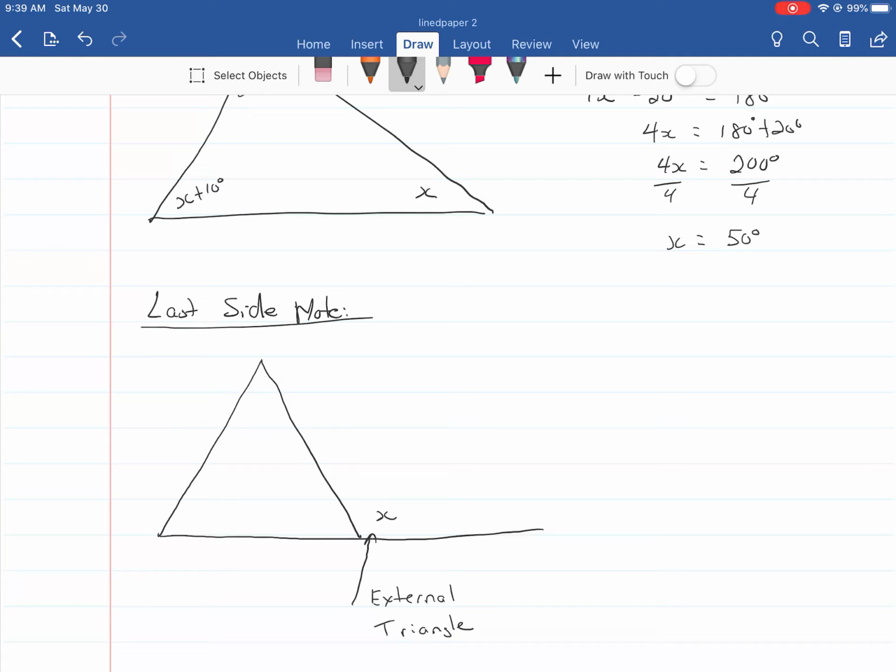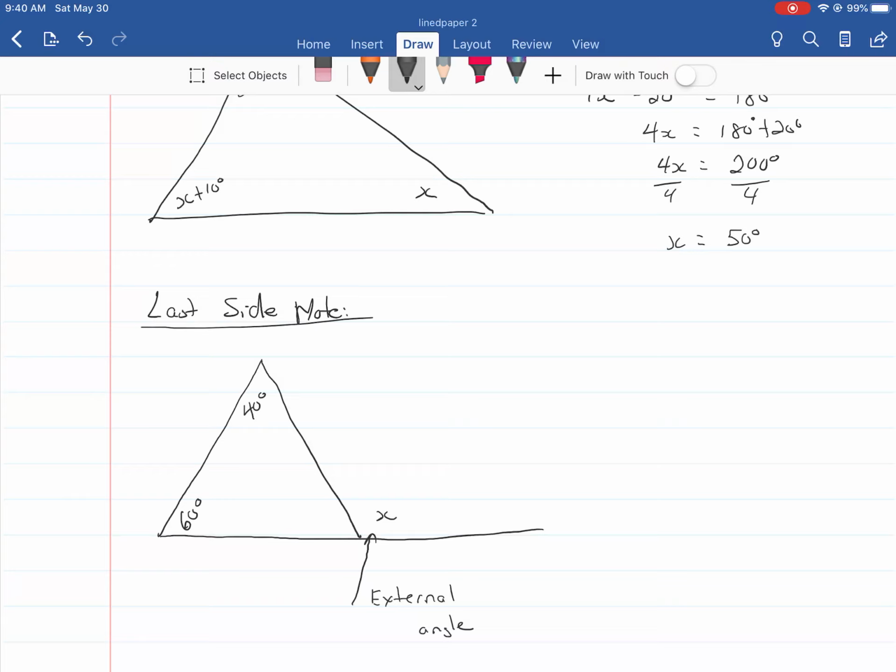And my job in this question is to find out what that external angle is. I'm going to call this angle 60, and I'm going to call this one 40.